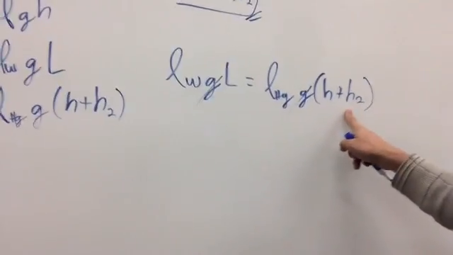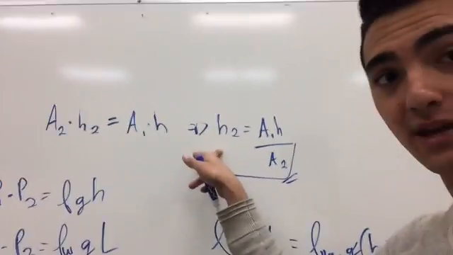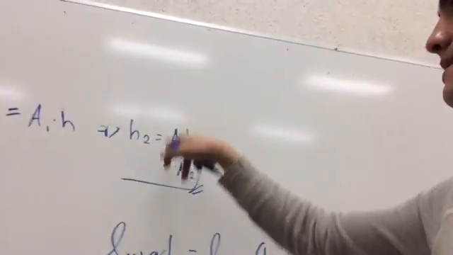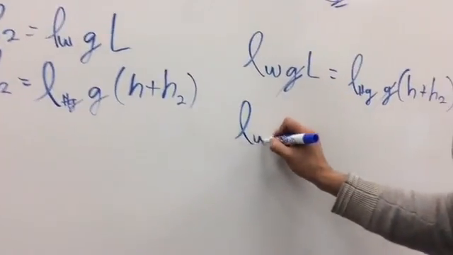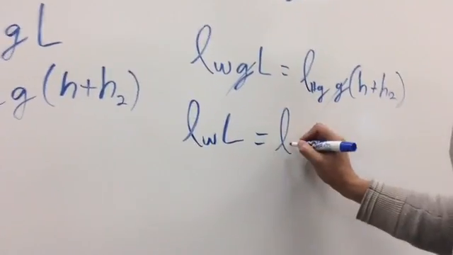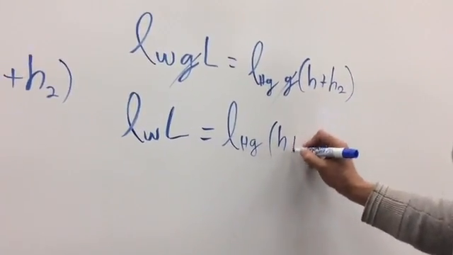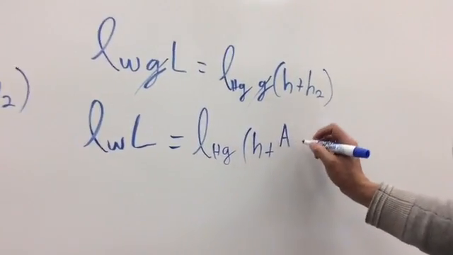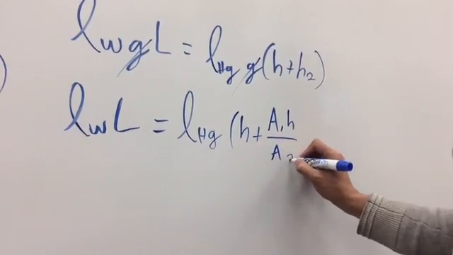Okay. Once we have this value of H2, we can substitute it into our equation here. So the density of water times the length equals the density of mercury times H plus A1 H over A2.